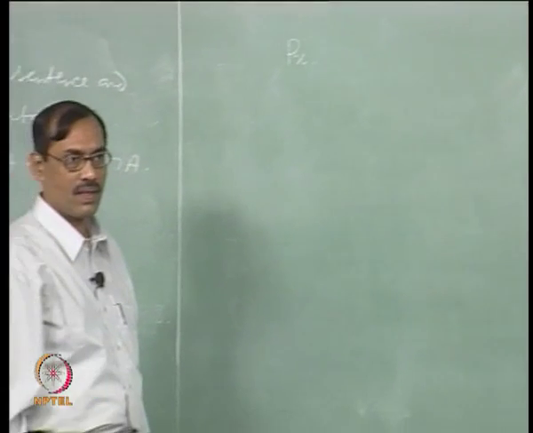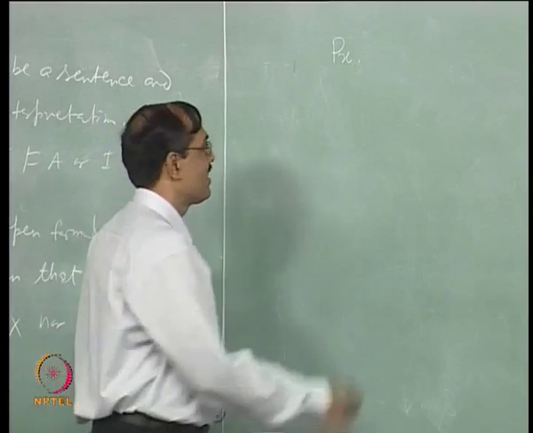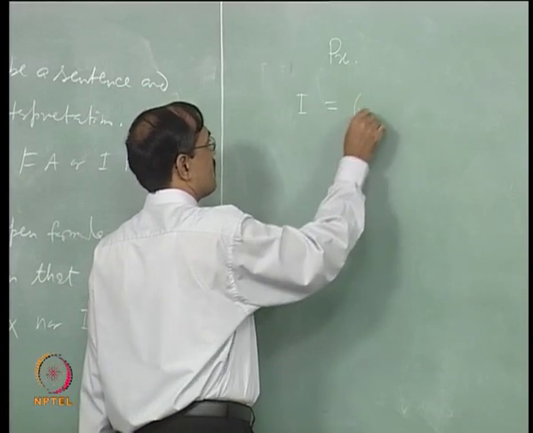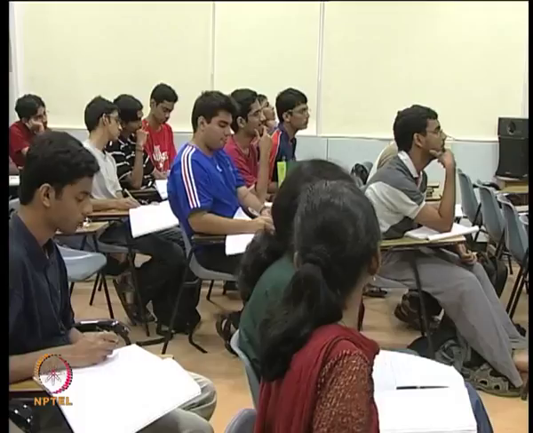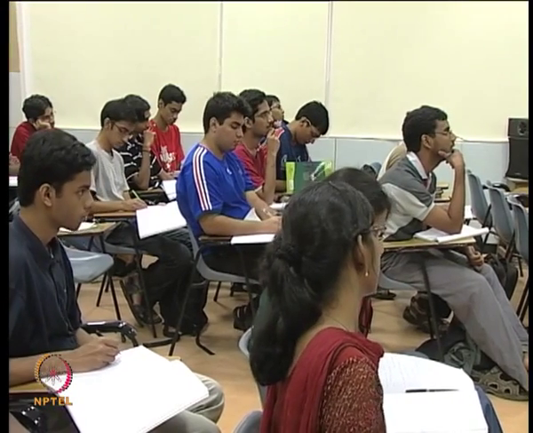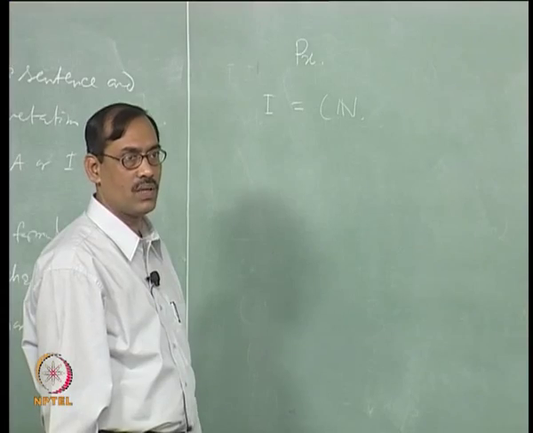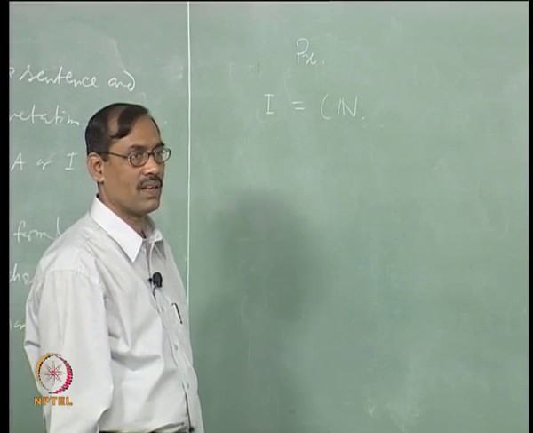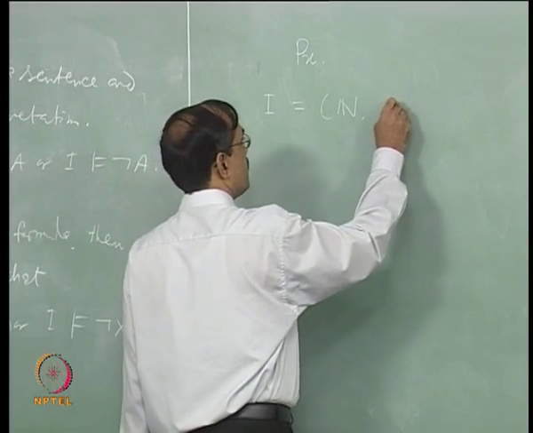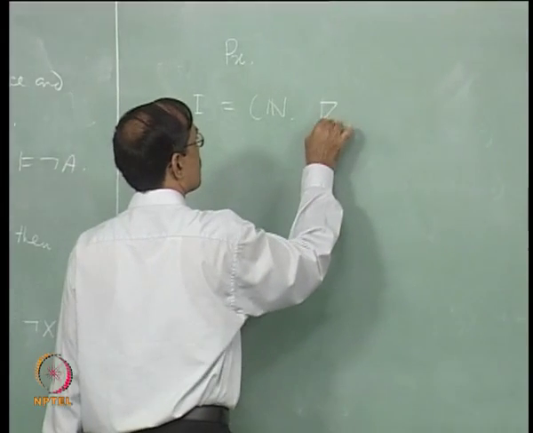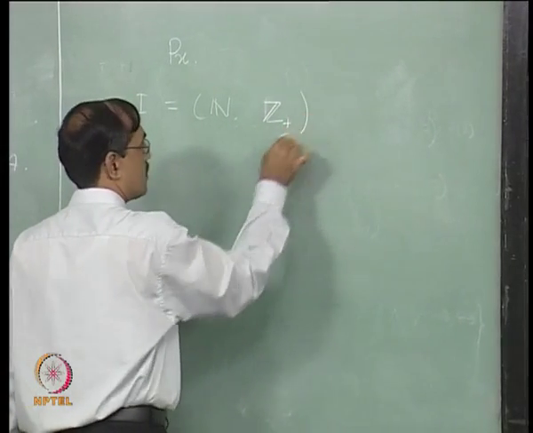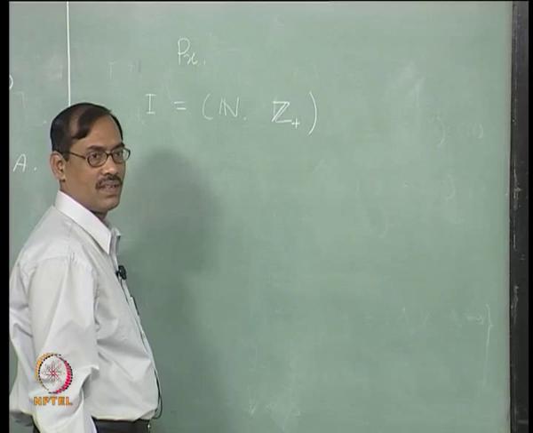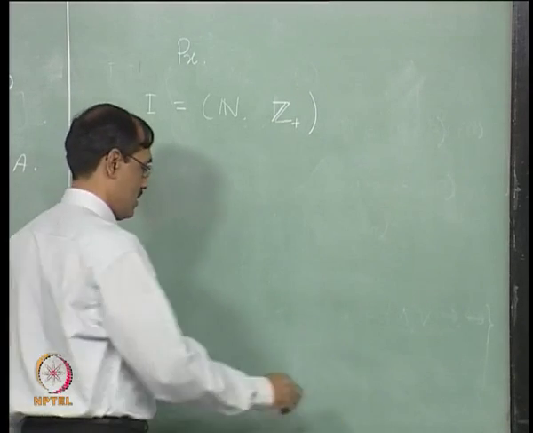Well, first the domain. So, let us take I equal to, you are thinking in natural numbers? Okay. So, P only 0 will be excluded. If you take positive integers, only 0 is excluded. Let us try. So, say P is Z plus. That is our P. Fine.